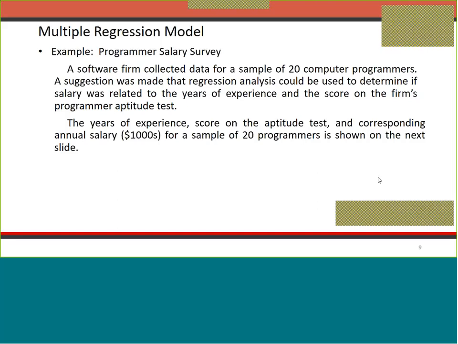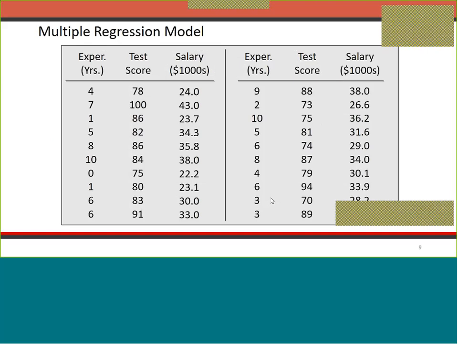So we are going to construct an estimated multiple regression equation for how many programmers? 20. This is the data of a sample of 20 programmers. Experience and test score are independent variables and salary is the dependent variable.